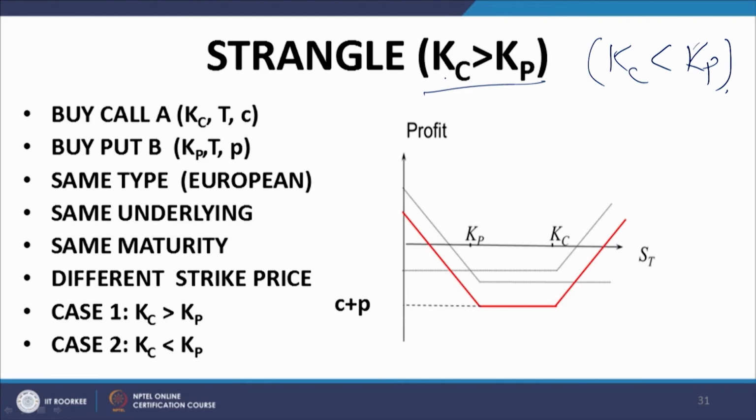Let us first talk about the call exercise price greater than the put exercise price. So, we buy a call A with the strike price Kc, maturity T, premium C. Kc is the call's exercise price, T is the maturity, which is the same for both the options, C is the call premium. It's an outflow, please note, you are buying the option. Similarly, for put B, it is Kp, T, P, same type, same underlying, same maturity, different strike price.